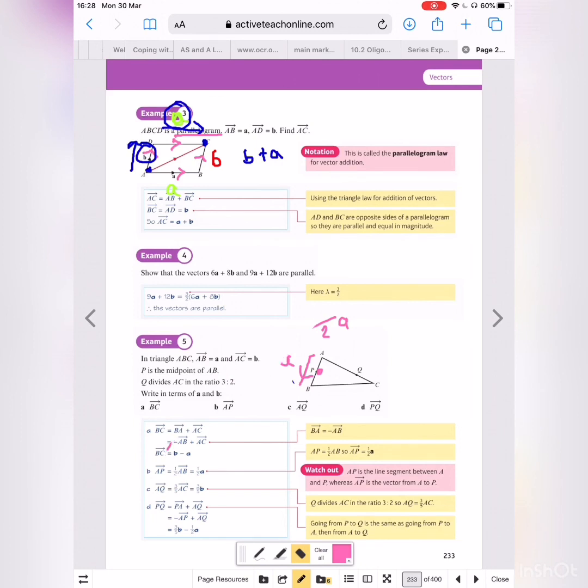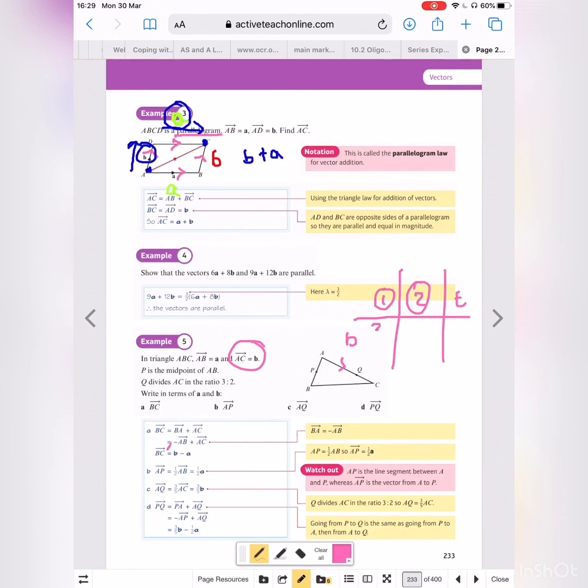So then let's look at part C. A to Q. Well, we know that A to C, we're told A to C is B. And we're told that Q divides AC in the ratio 3:2. Remember, if we've got our first ratio and our second ratio part, we need to get a total.